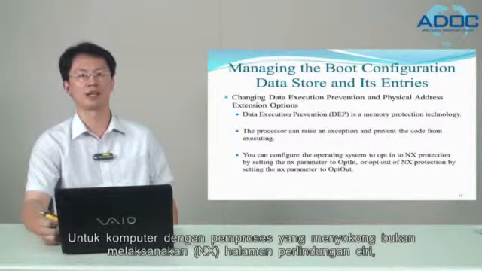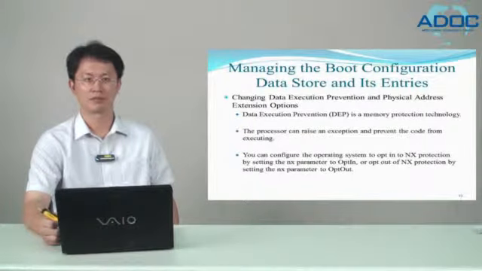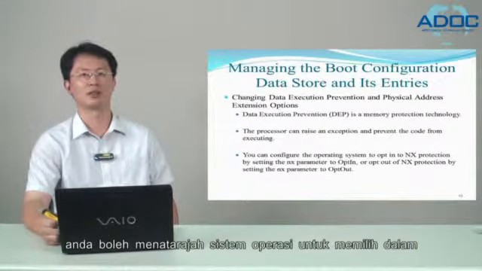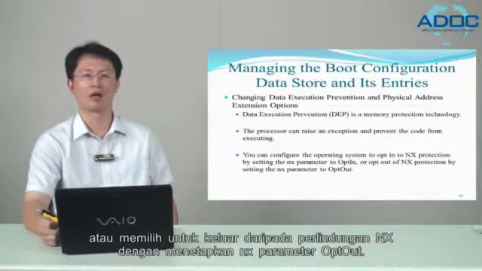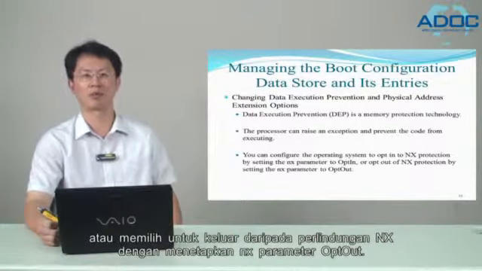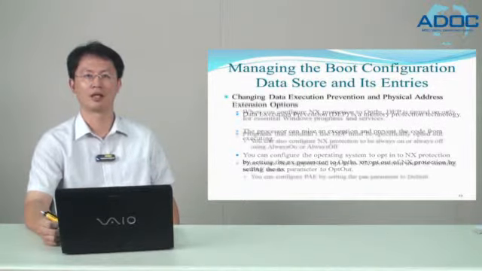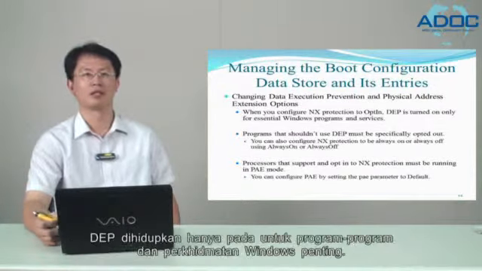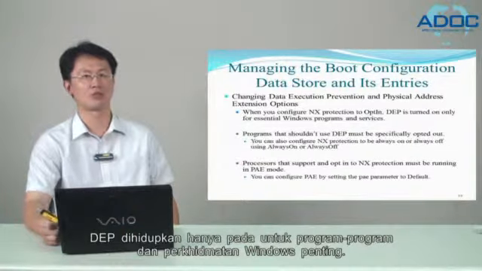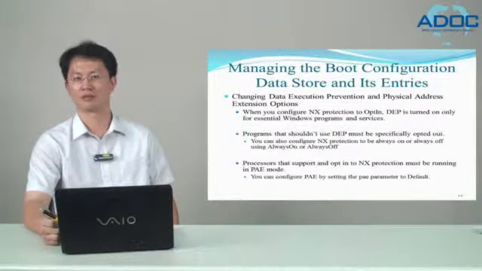For computers with processors that support the non-execute NX page protection feature, you can configure the operating system to opt in to NX protections by setting the NX parameter to OptIn, or opt out of NX protections by setting the NX parameter to OptOut. When you configure NX protections to OptIn, DEP is turned on only for essential Windows programs and services.